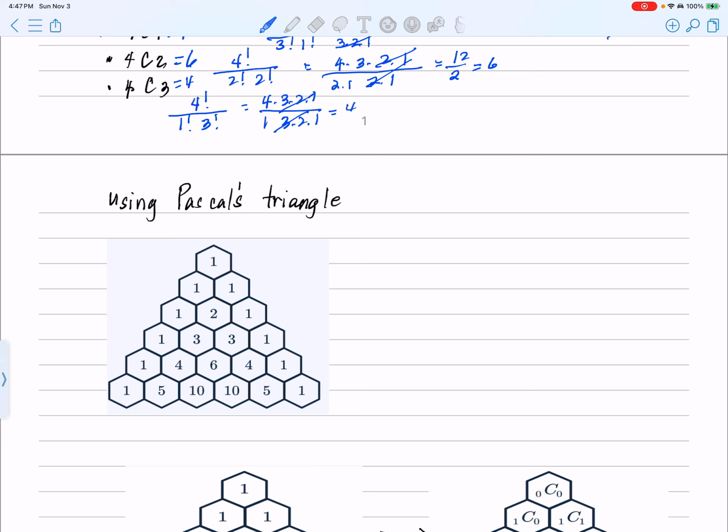In Iran, they call it Khayyam's triangle. In China, they call it Yang Hui's triangle. But usually, most of us call it Pascal's triangle, named after Blaise Pascal.